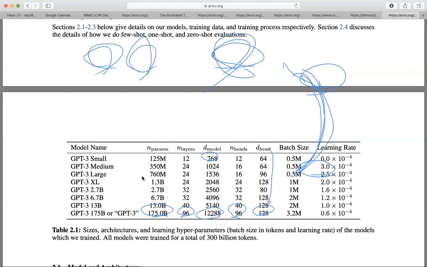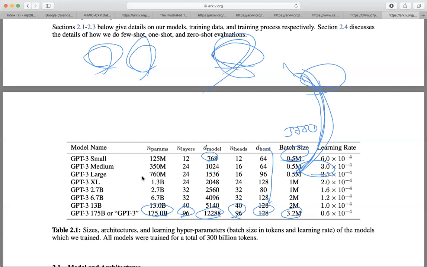And the batch size, before it was using 5,000 sentences per batch. Now, I'm sorry, not 5,000. It's using a batch size of 500,000. I can't really comprehend a 500,000 batch size.